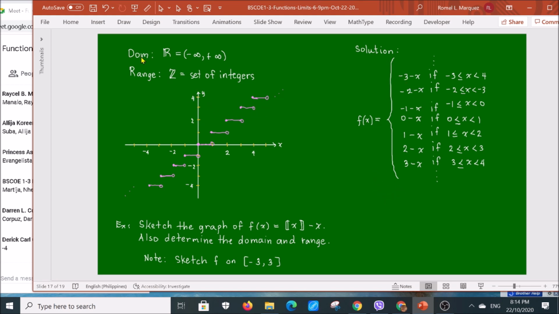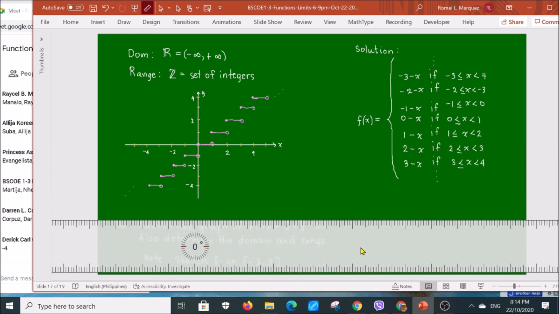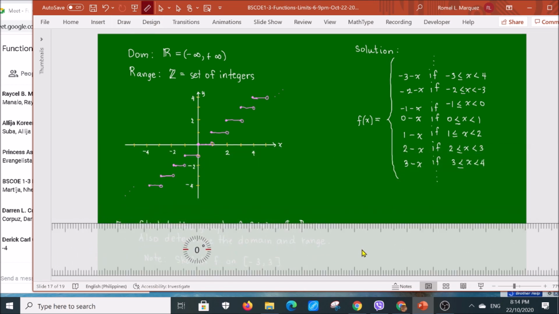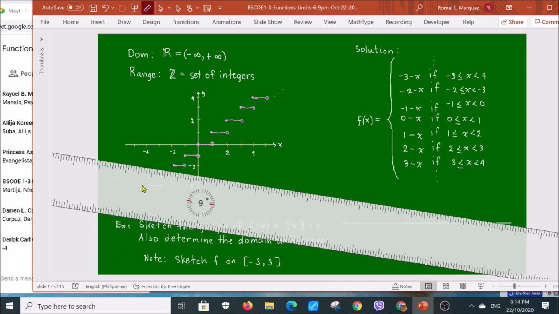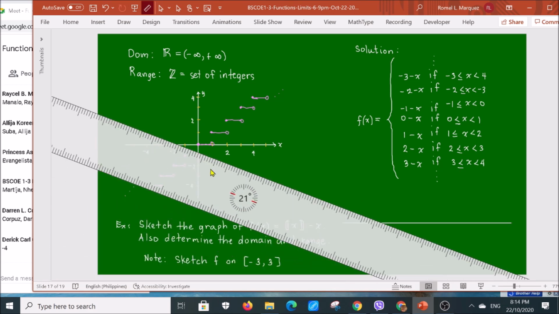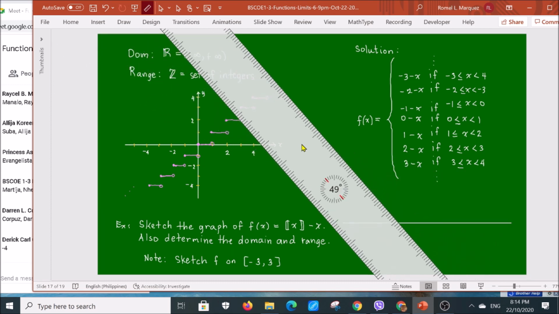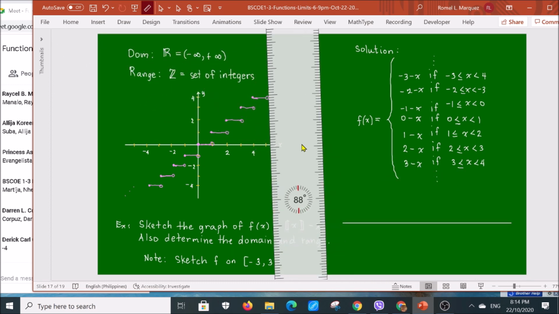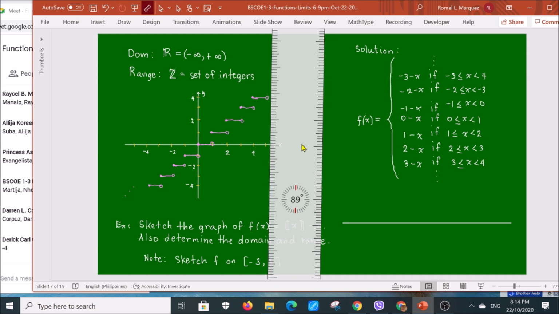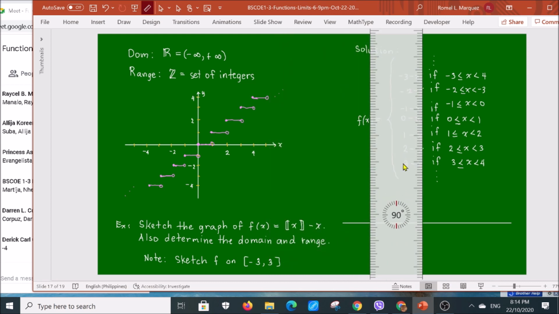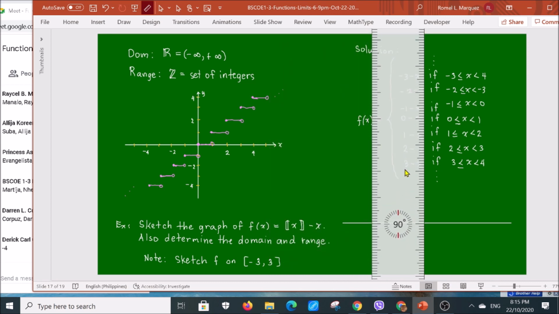Okay, so let's now draw each piece. Let me put the ruler again. This is my ruler. My beautiful ruler. And then, let me rotate it 90 degrees. I do not know if there is a shortcut of putting to 90.